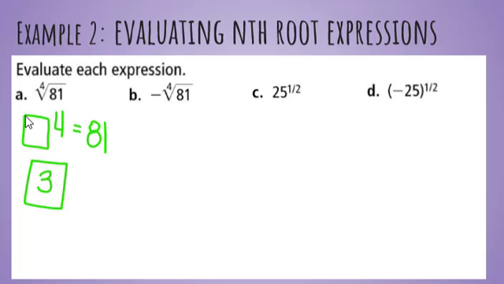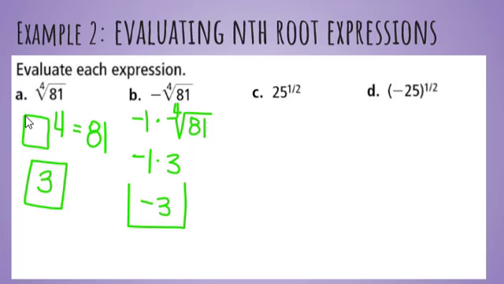Now B is very similar. The only difference is this negative in front, which is going to stay there. It's almost like saying -1 times the fourth root of 81. From the prior problem, we know the fourth root of 81 is 3. So -1 times 3 is -3.